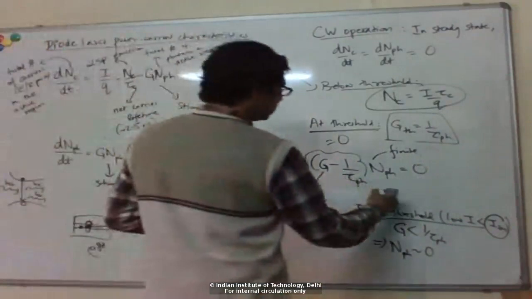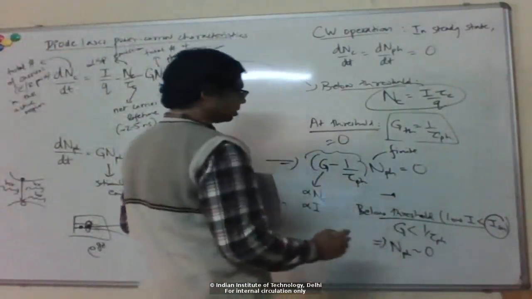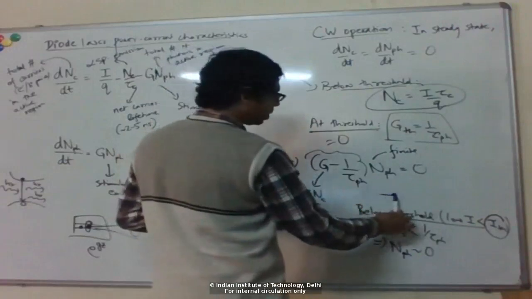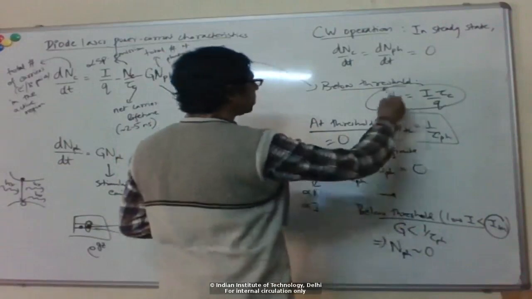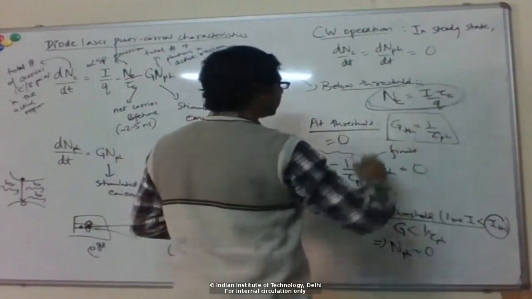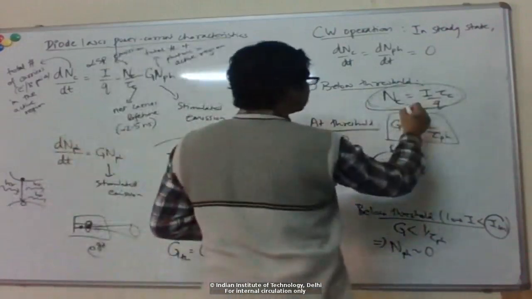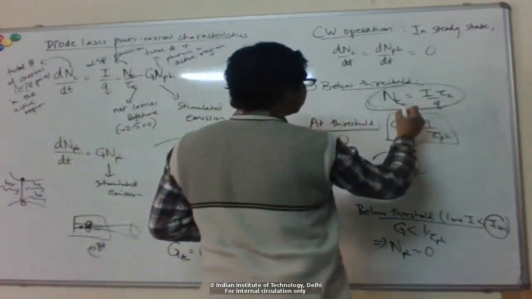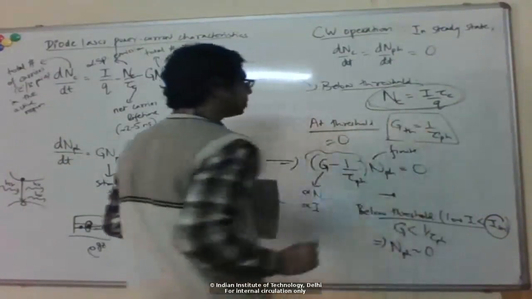So I'm saying as I increase the current, the photon number is 0 up to threshold, and the carrier number is given by this. So just at threshold, you can see that the threshold current will give me the number of carriers at threshold, right?